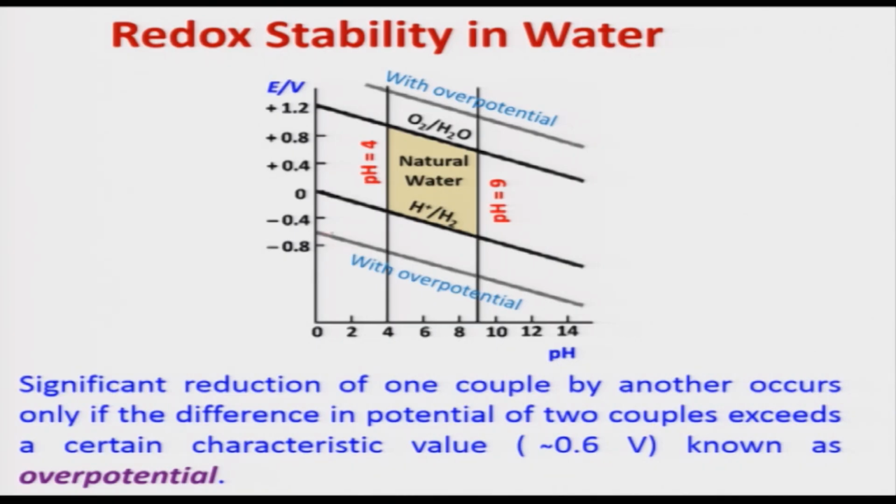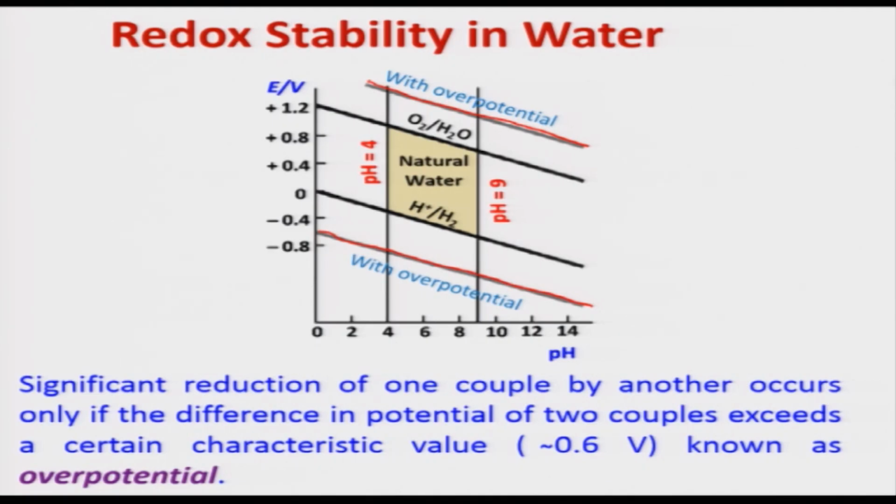You see the line with the overpotential for the oxidation side and also for the reduction side, and the shaded portion is the redox stability in water.